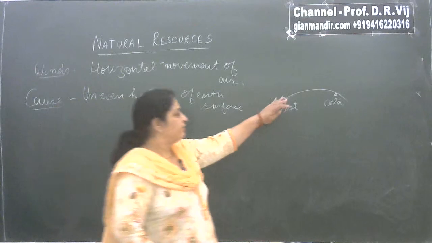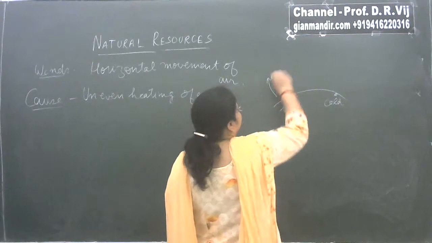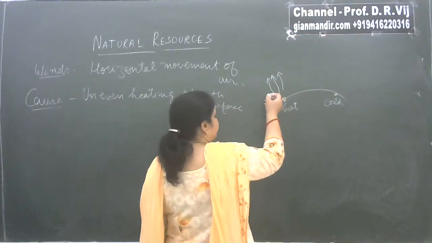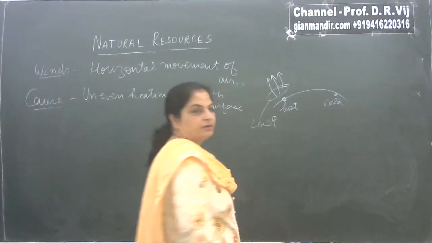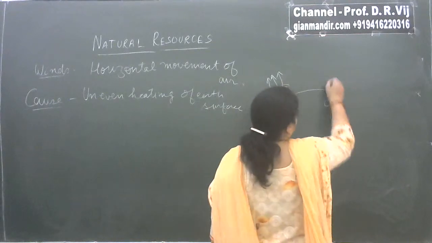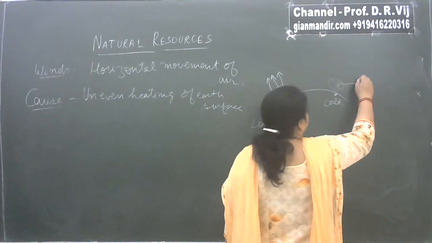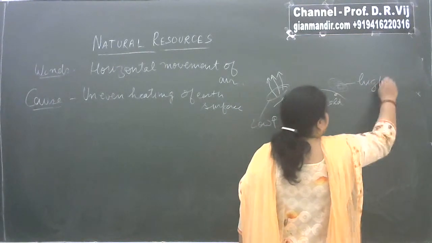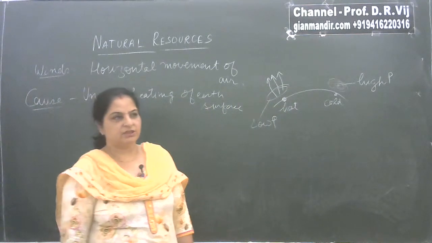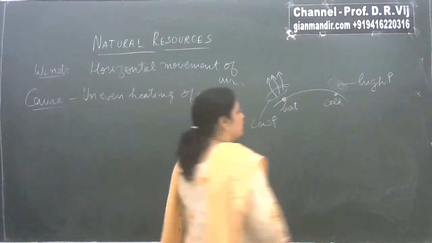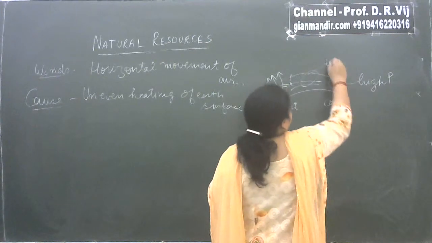As this part is hot, the air over here will become warm and rise up, and due to this upward movement of air, a region of low pressure develops. But in the case where the temperature was low, the air does not rise up, and it is a region of high pressure. As you know, it is the property of air or gases to diffuse from a region of high pressure to low pressure.